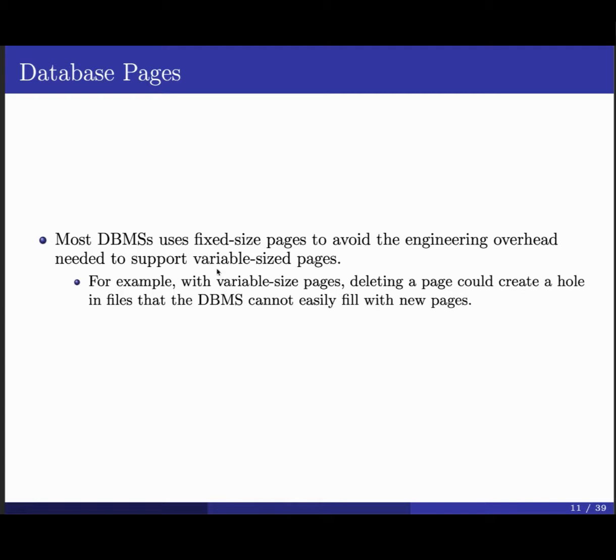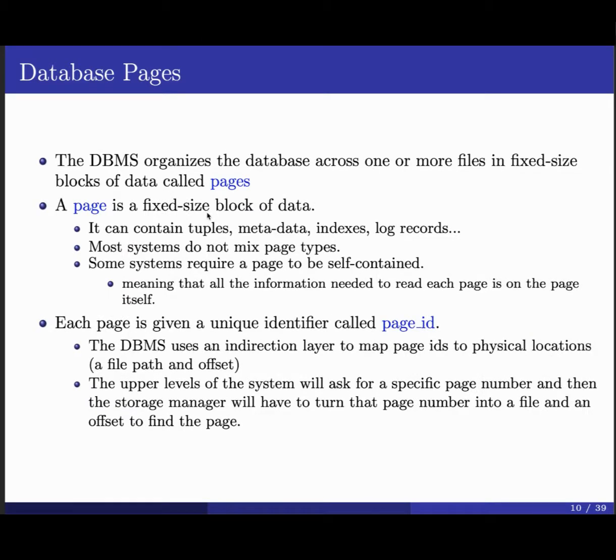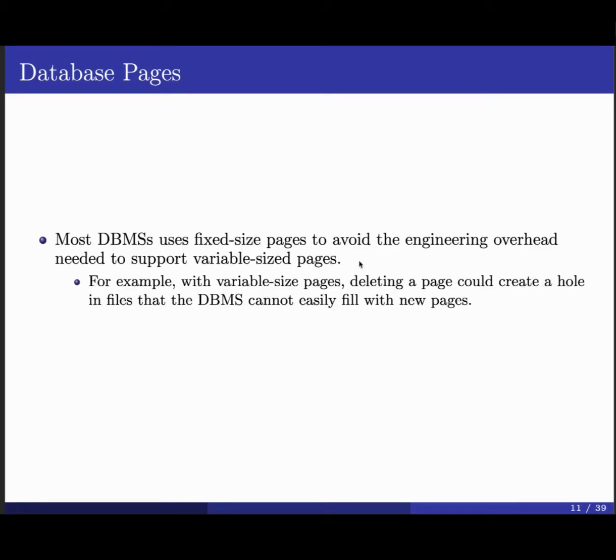So the reason behind why we have a fixed size is just to make our life easier, okay? Because if the database page size is different from, let's say, the operating system page or block size, then you need to do a lot of conversion, whether the size is larger or smaller.